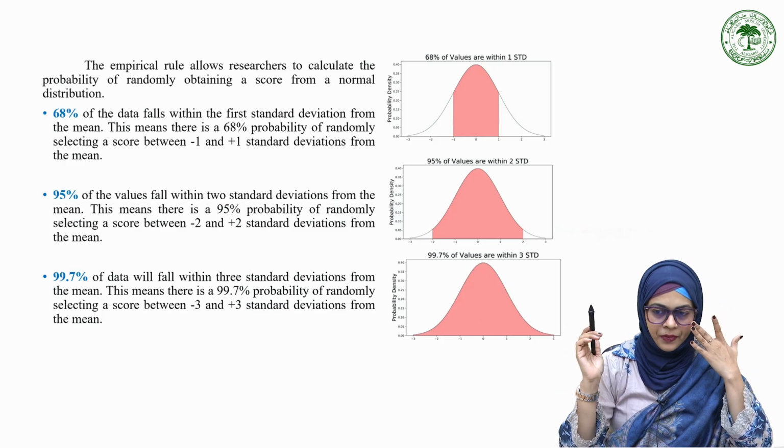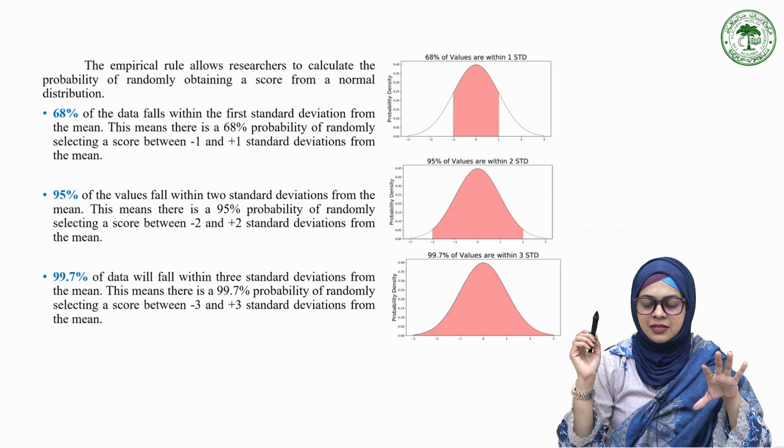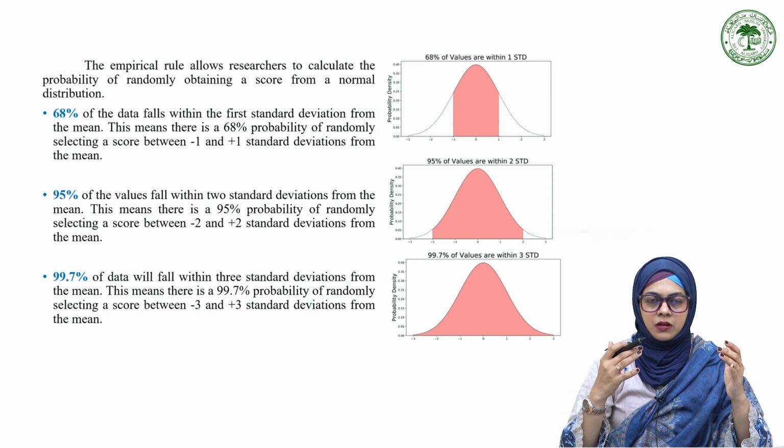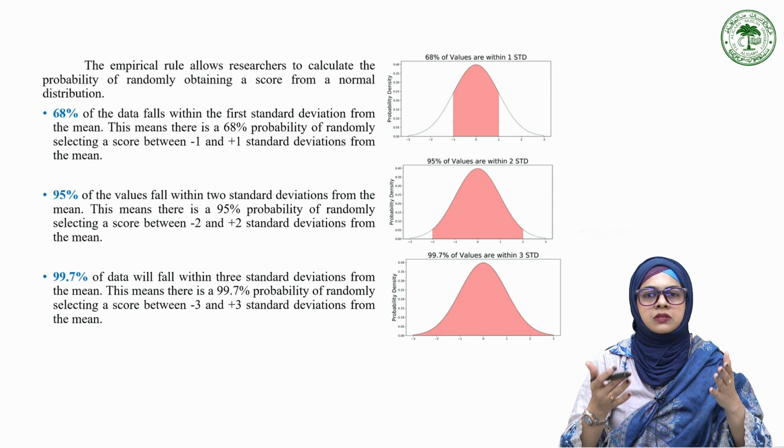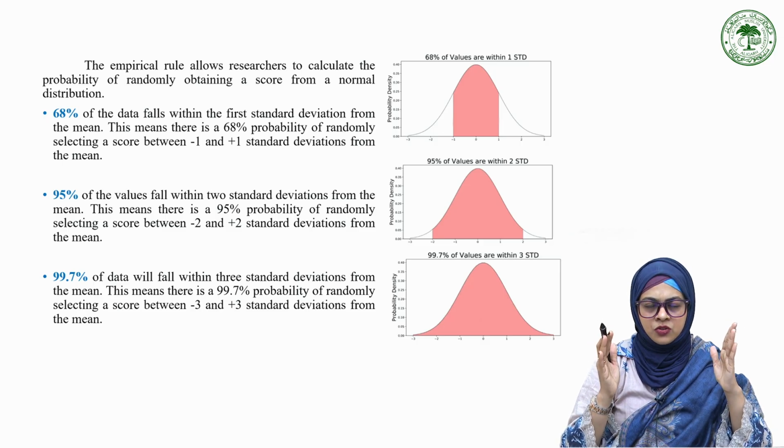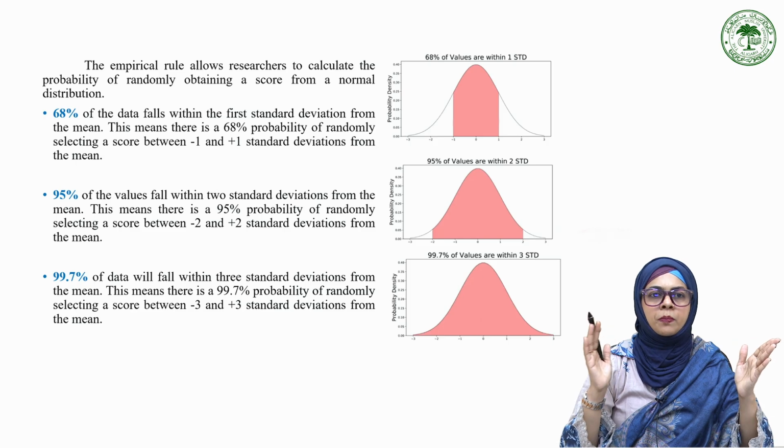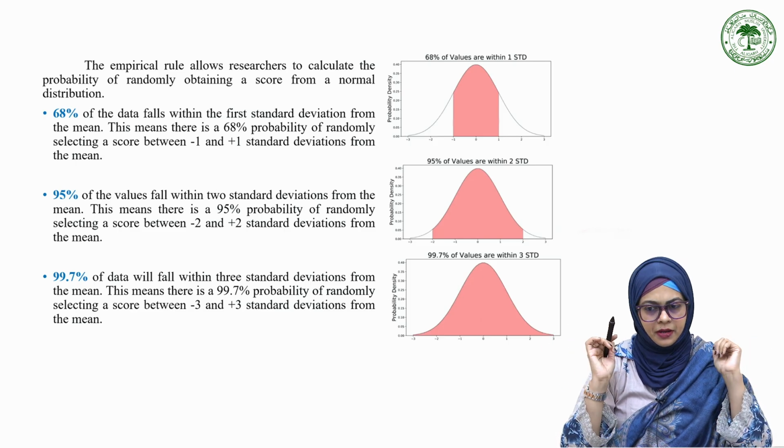normal distribution. Now in this slide, just like what I have told you, 68% of the data falls between -1 to +1 standard deviation from the mean.